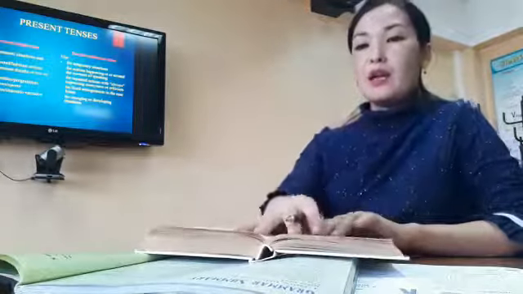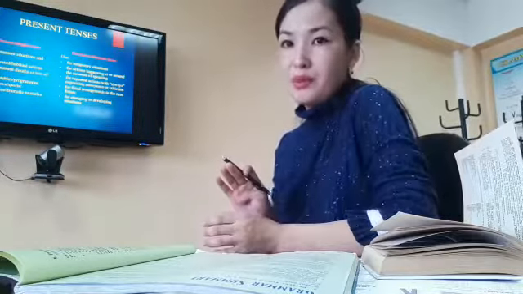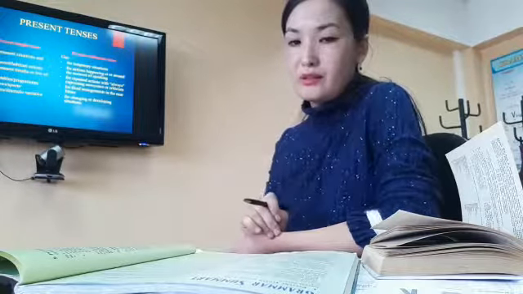Now, in English grammar, we also have past tenses. Past tenses in English grammar are also divided into four groups: past simple, past continuous tense, past perfect, and the past perfect continuous tense.